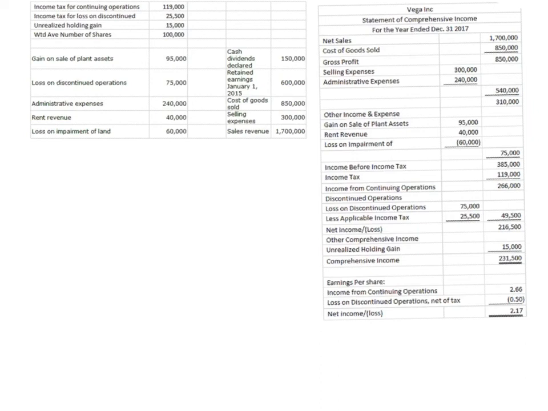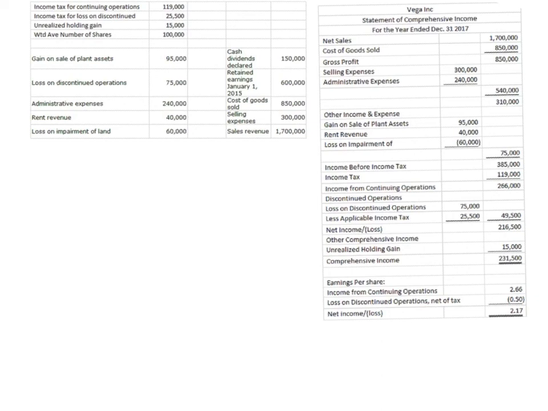49,500 from our discontinued operations, that's a loss. 49.5 rounds up to 50 cents. And net income is right here again. Now remember, the comprehensive income isn't the total income that we're dealing with.